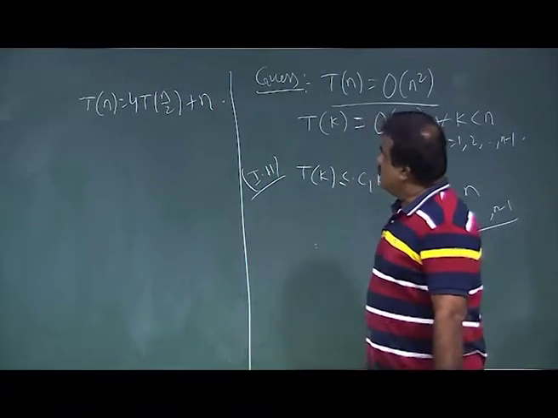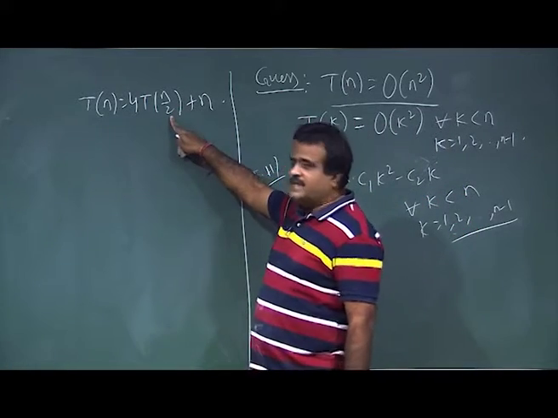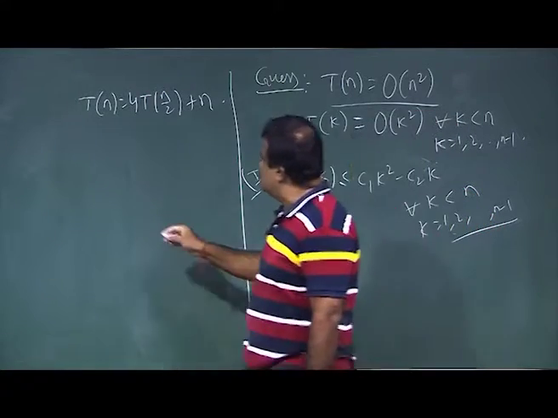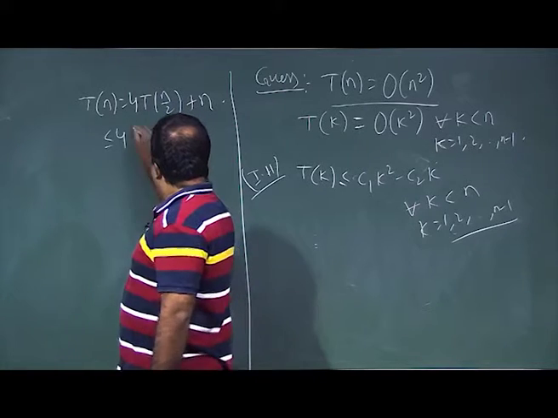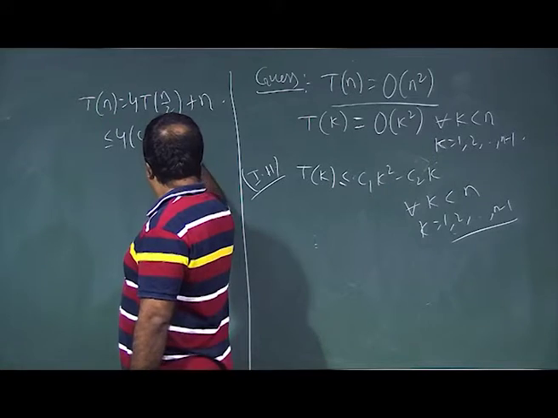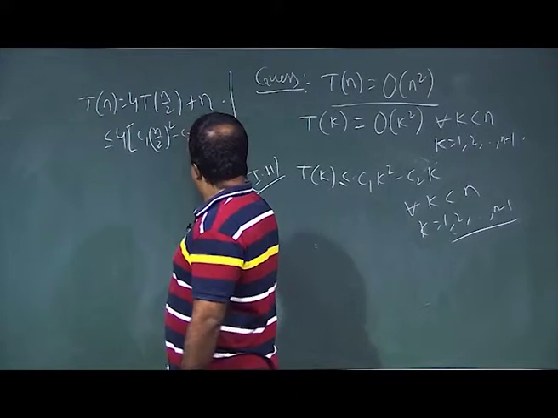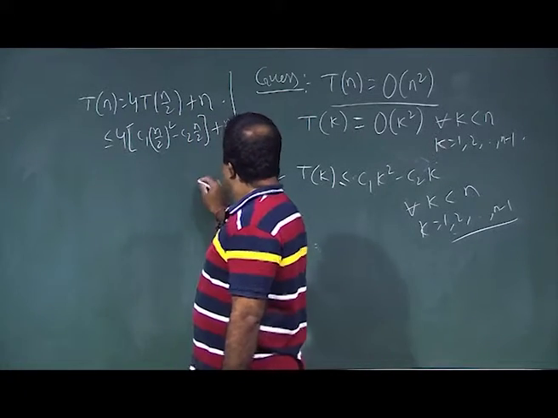Now, this is also k, which is n by 2. Now, we assume the induction hypothesis. So, this is less than or equal to 4 times (C1 (n by 2) square minus C2 n by 2) plus n.